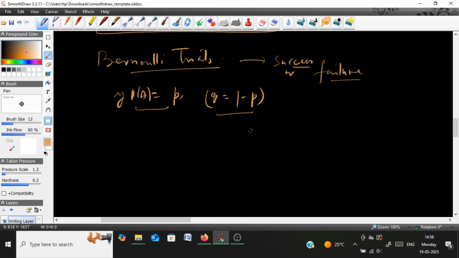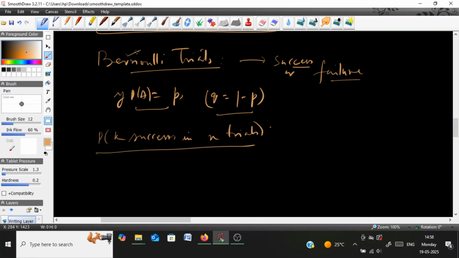So we will try to find the probability of k successes in n Bernoulli trials.